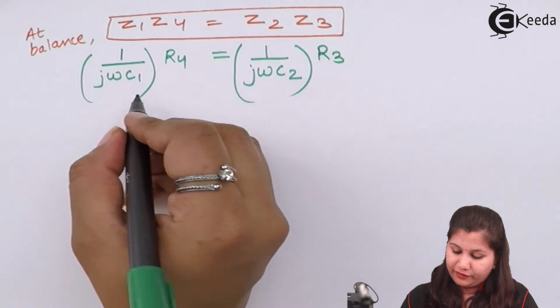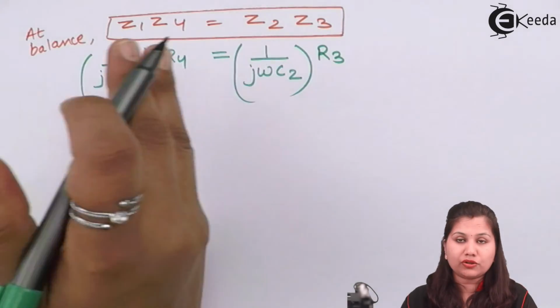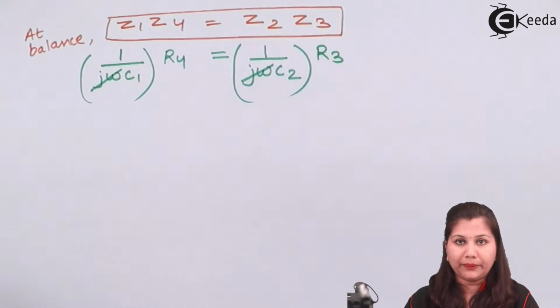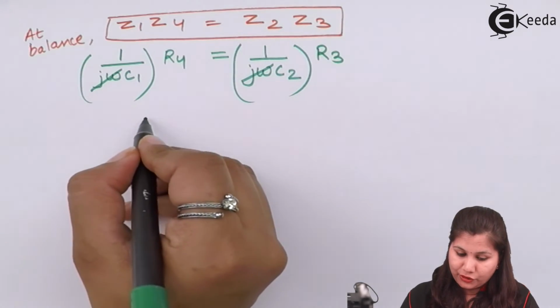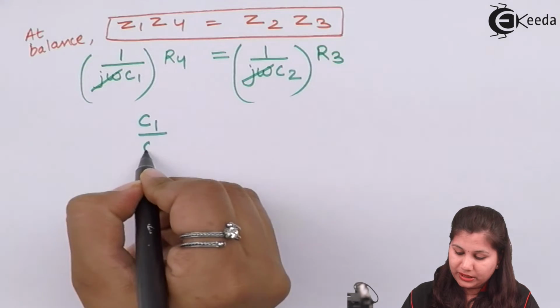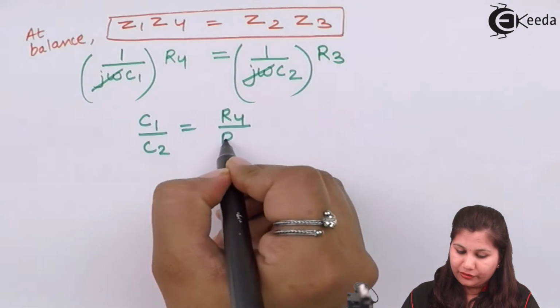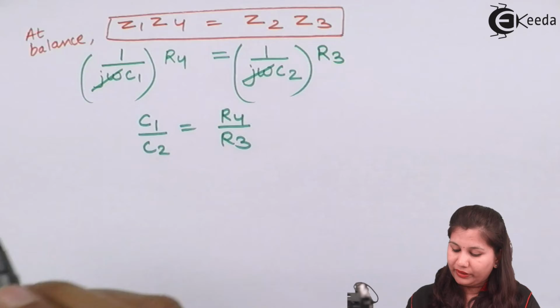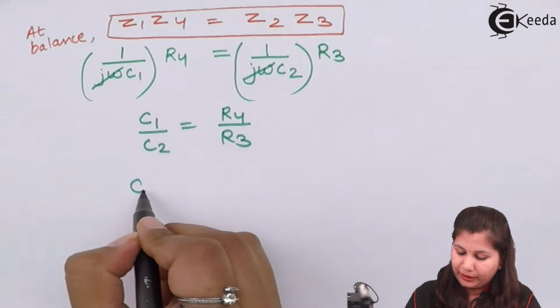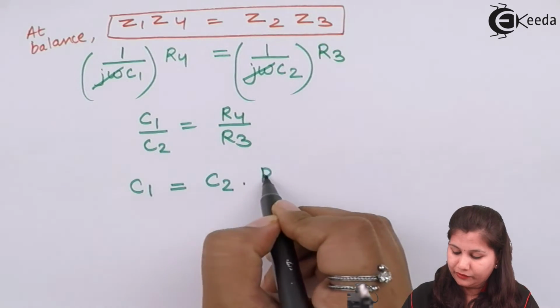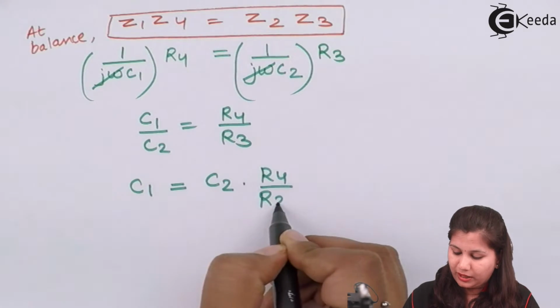Now here if we see, j omega is present on both sides of the equation, so it will be cancelled out. Okay, so we will get the ratio C1 upon C2 equals R4 upon R3, or we can say the value of the unknown capacitance C1 is equal to C2 multiplied with R4 upon R3.